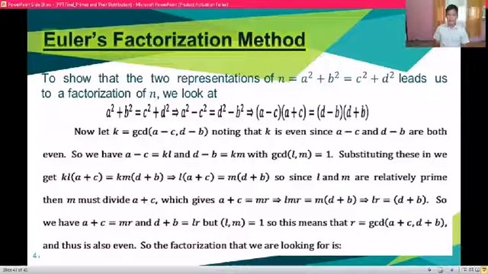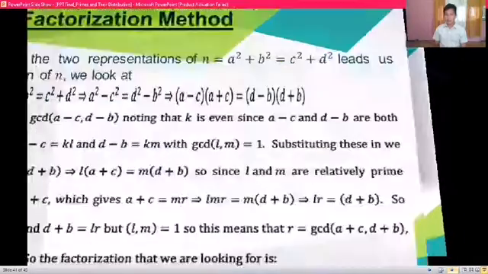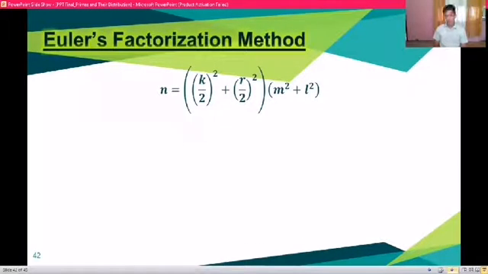So the factorization that we are looking for is N is equal to open parenthesis K over 2 raised to 2 plus R over 2 raised to 2 close parenthesis multiplied by M squared plus L squared. Makita ninyo diha kana nga formula, magamit nato na unya para pag-solve sa duha ka factors.